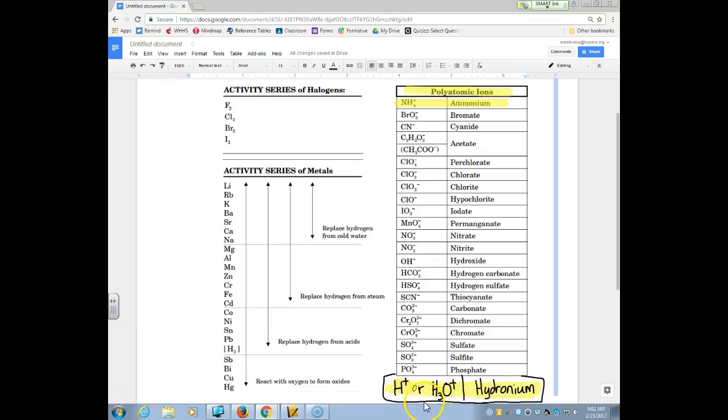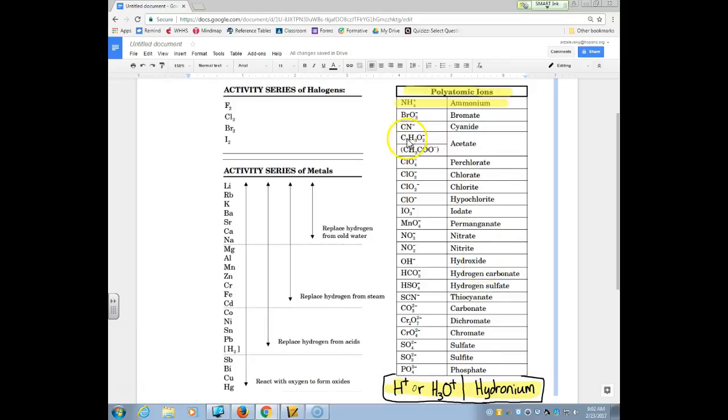Now, these two are the only two positive ones on the list, and they both end in "-ium." So that can help with some of your memorization. Those are the only two positive, and they end in "-ium": ammonium and hydronium. Now for hydronium, for the time being, I'll accept either H+ or H3O+, but there will come a time when you have to know the difference between the two, and we'll talk about that when that time comes.